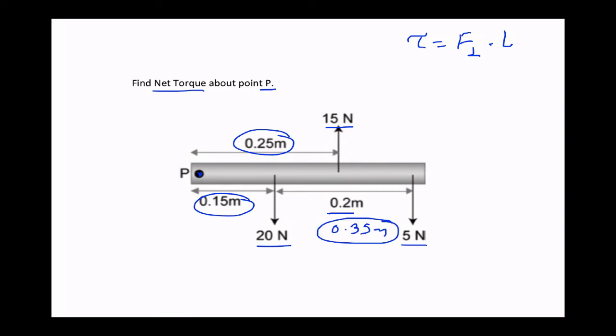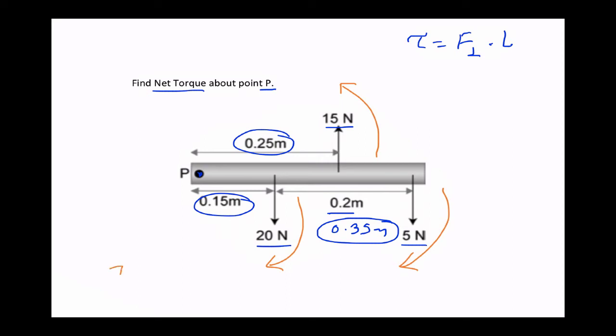Let's also check whether the torques produced by these forces are clockwise or counterclockwise. 20 Newton tends to rotate the object around the pivot in this direction, so it is clockwise. Same thing for 5 Newton, that is also clockwise, and 15 Newton tends to rotate it this way, so it would be counterclockwise.